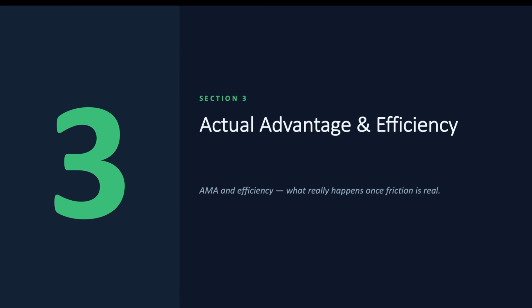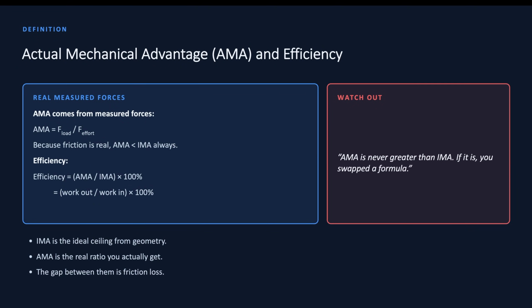Okay, so now let's go over actual mechanical advantage as well as efficiency. So actual mechanical advantage is the opposite of ideal. Okay? Ideal mechanical advantage was distance in over distance out, because we were trying to see ideally what would be the mechanical advantage given how much distance it traveled, okay? But for actual mechanical advantage, it looks at forces.